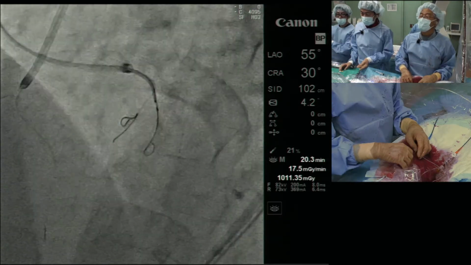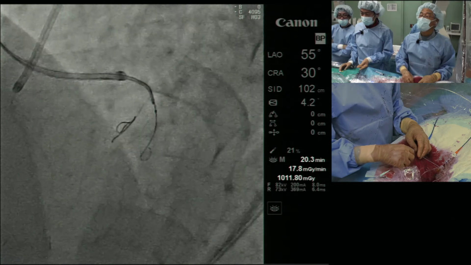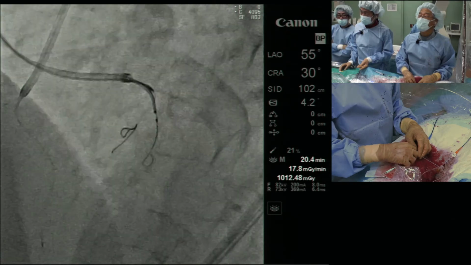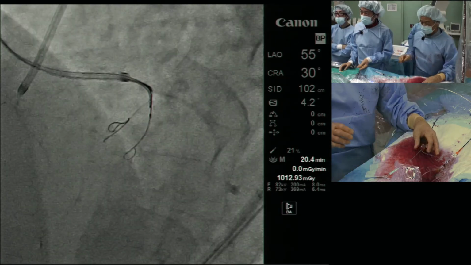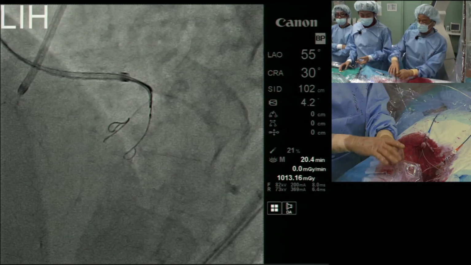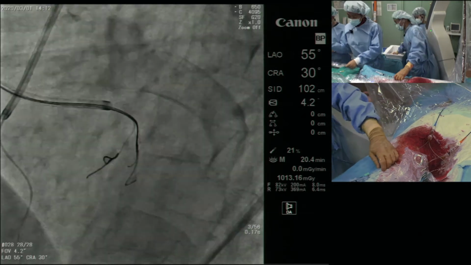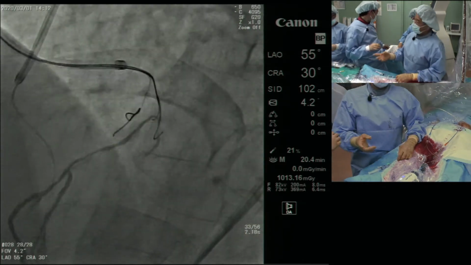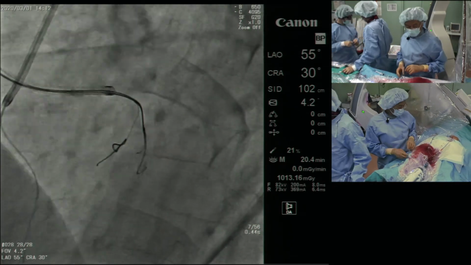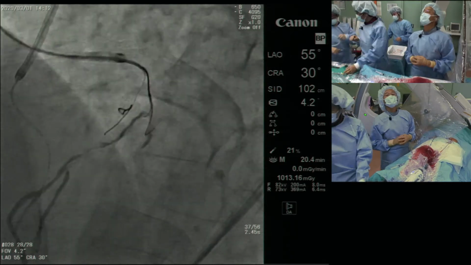So already we can get the proximal cap with IVUS guidance. Actually the orifice itself is a true lumen, but the wire easily went into the subintimal space very proximal to the CTO body.